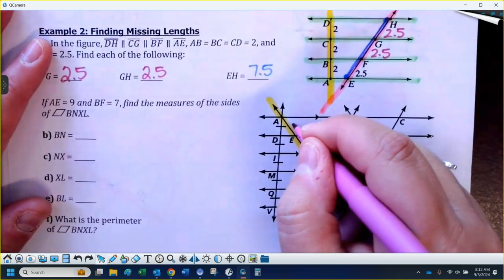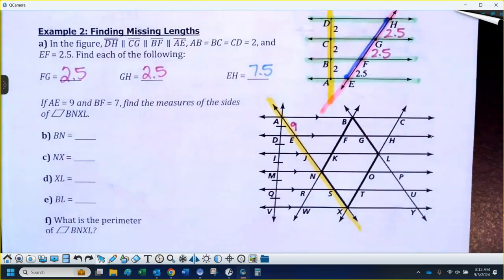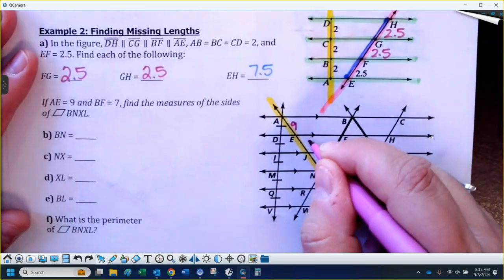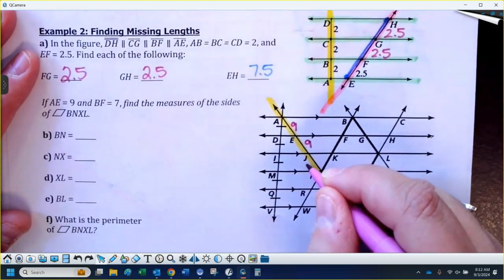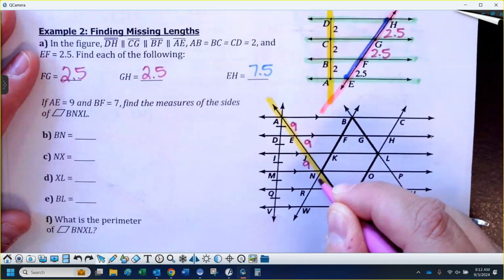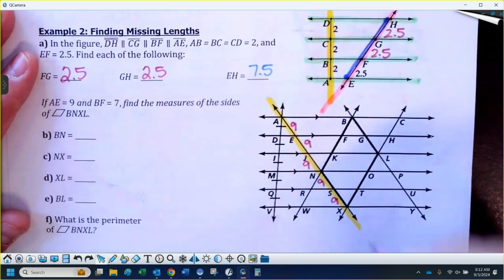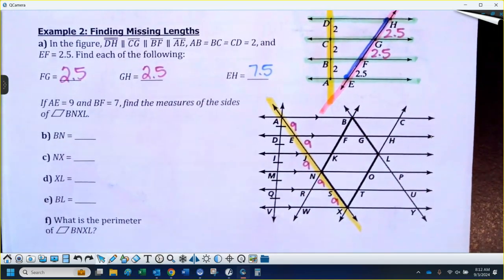So all the way down, any segment on that transversal, so E to J would be 9, J to N would be 9, N to S. I'm just going all the way down there. Those are all 9. Along the same transversal, they're going to cut off the exact same number.